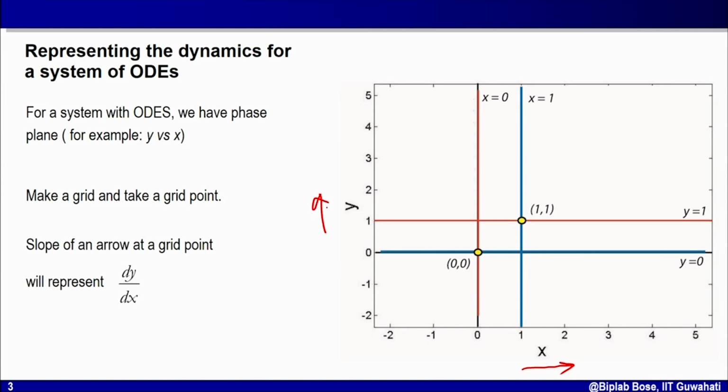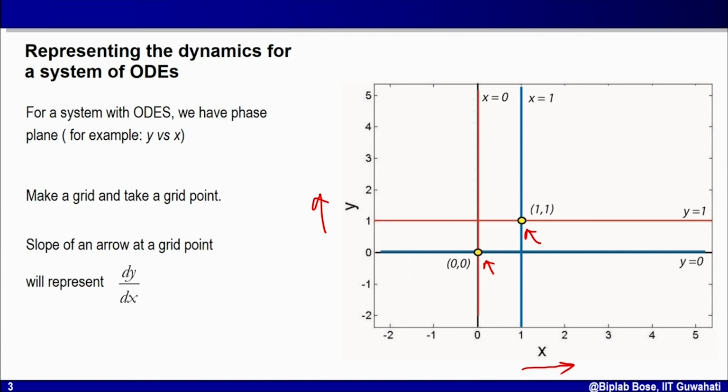You can swap them; there is no rule that x should always be on the horizontal axis. So I have put x on the horizontal axis and y on the vertical axis. Now, we have discussed that I can draw null lines on this plane, and the intersection points of the null lines, for example these yellow dots here, are actually the steady states.